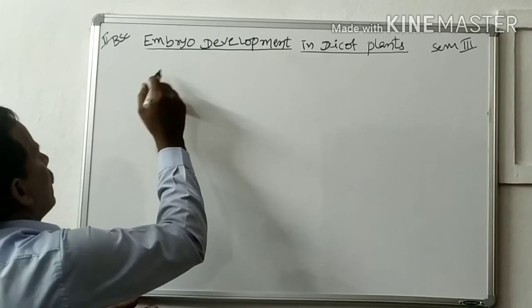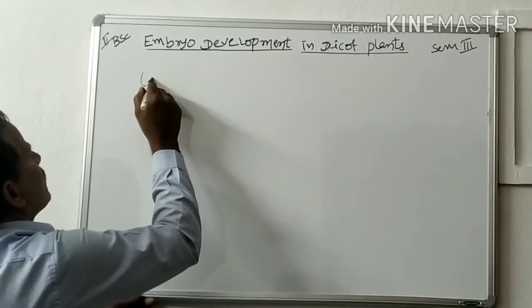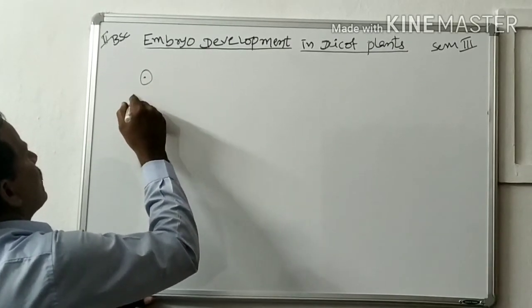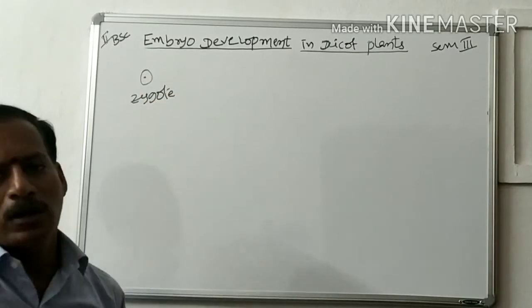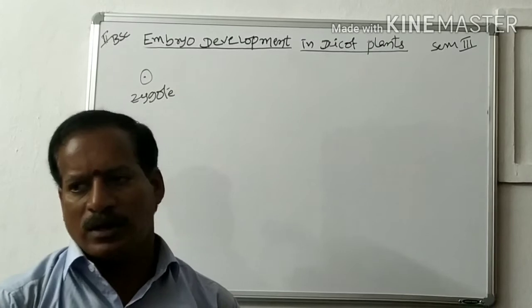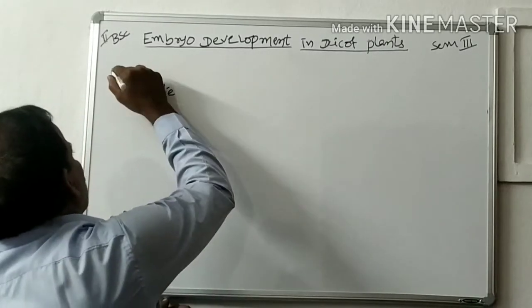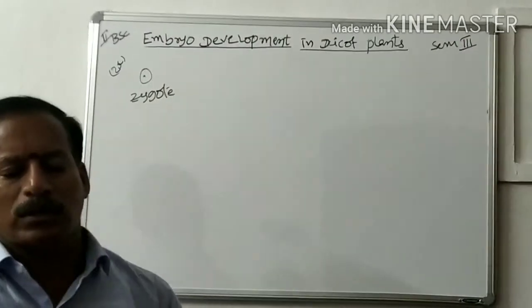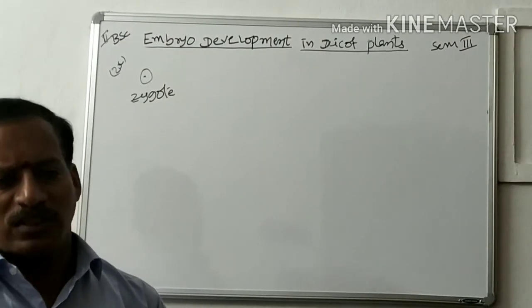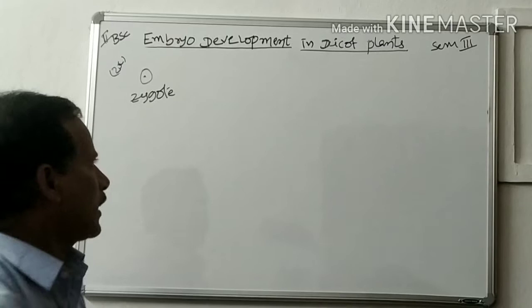Now this is the zygote. The zygote is formed after fertilization, in the embryo sac. It is 2n.